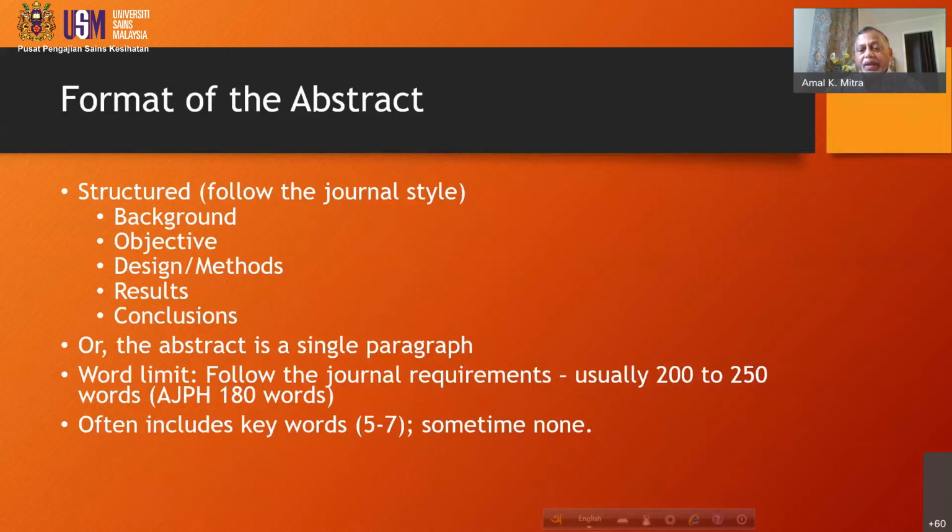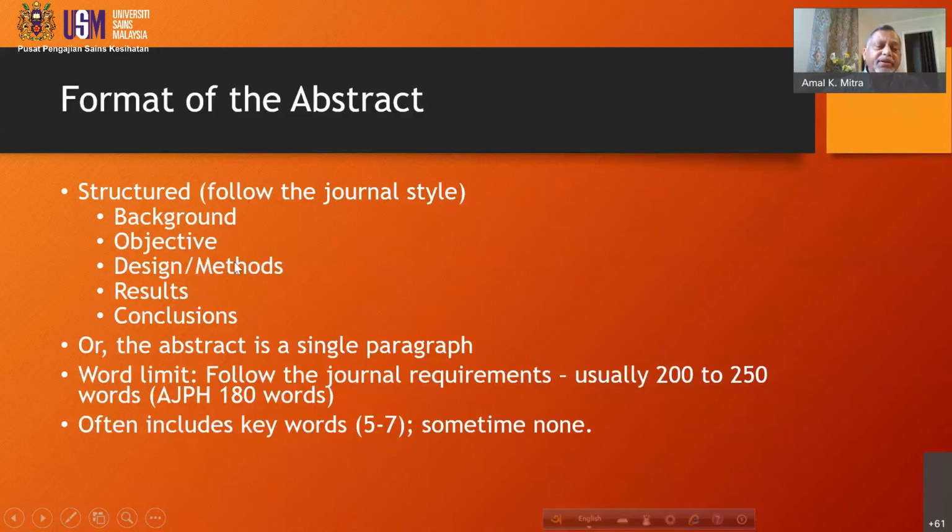I often read at least two recently published papers. I print them, copy them, and just follow them in total, whatever way they are writing the paper, all the style.